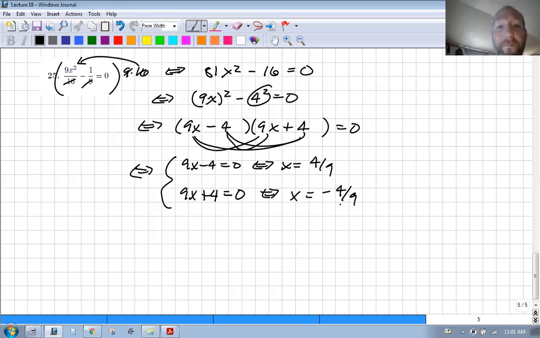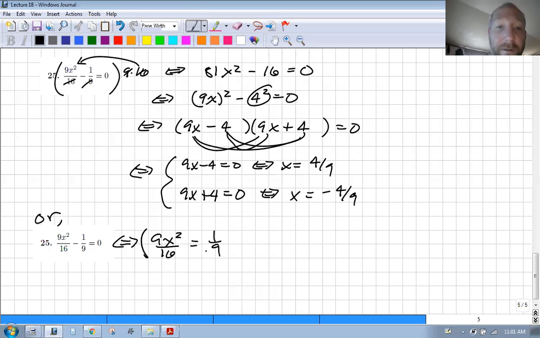So that's doing the zero point, right? Or if we'd have done it the easy way, using the square root method, we'd have just thrown the 1/9 over here and square rooted both sides.